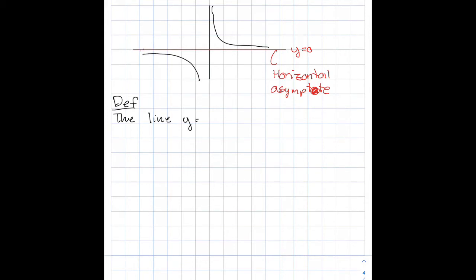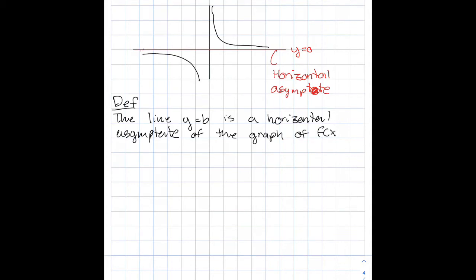So the line y equals b, it has to be a line, you can't just tell me it's a number, is a horizontal asymptote of the graph of f of x if either, so either means one or the other or both, the limit as x approaches infinity of f of x equals b, or the limit as x approaches negative infinity equals b.